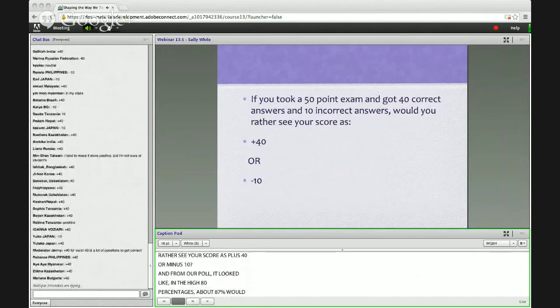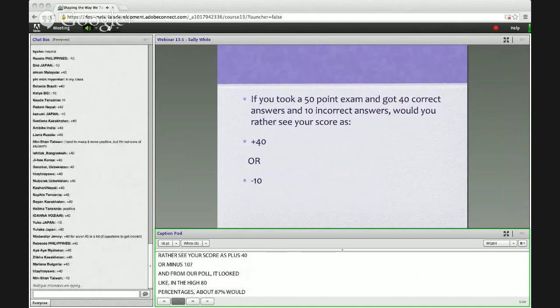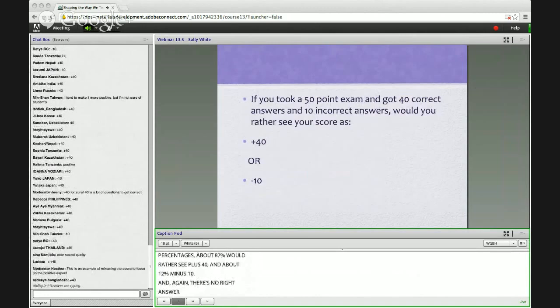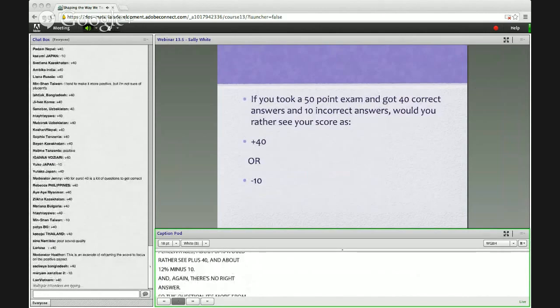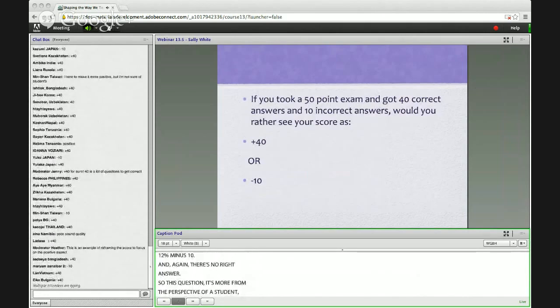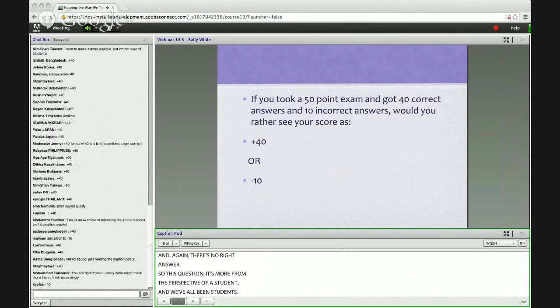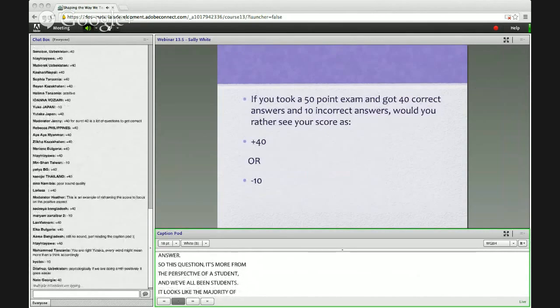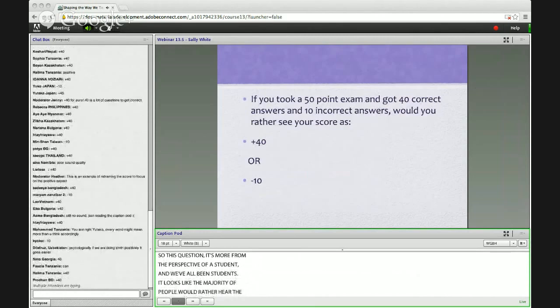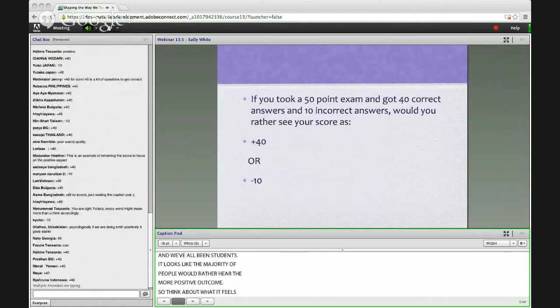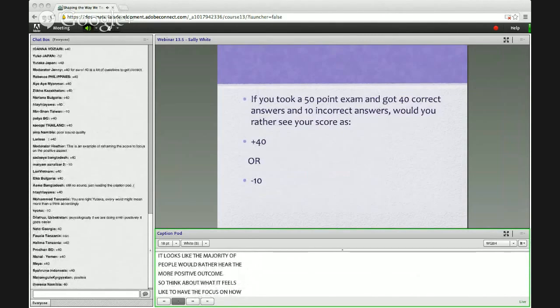And again, there's no right answer. So this question, it's more from the perspective of a student, and we've all been students. It looks like the majority of people would rather hear the more positive outcome. So think about what it feels like to have the focus on how many answers we got right instead of how many answers we got wrong.